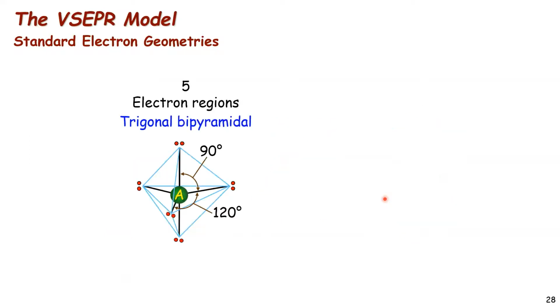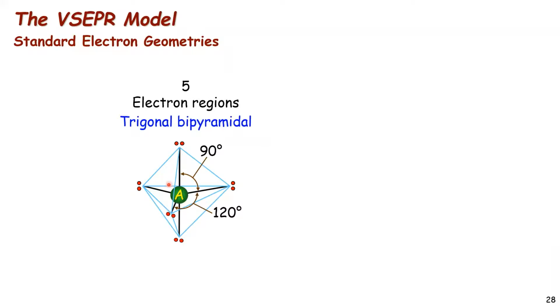If we have five regions of electron density, we're going to call that trigonal bipyramidal. This has two sets of angles. We have the axial positions here and here, above and below, which are 180 apart from one another. And then we have an equatorial plane that sits perpendicular to the axial positions.